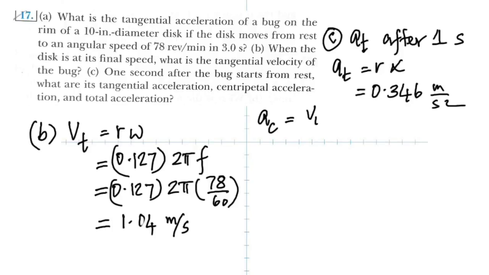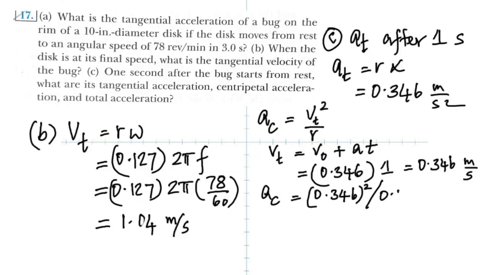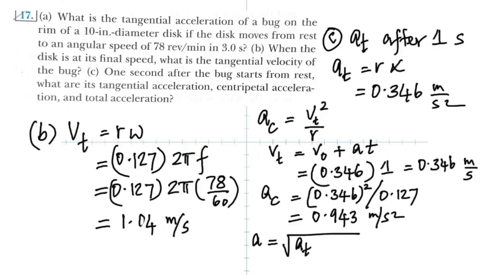And then to find the centripetal acceleration, you have Vt squared by r, from where you can find Vt from this equation, V0 plus A times t, which gives 0.346 meter per second. So plug it back into this relation, divide by the radius, and you have the answer, 0.943 meter per second squared.